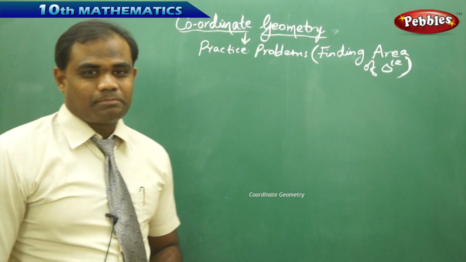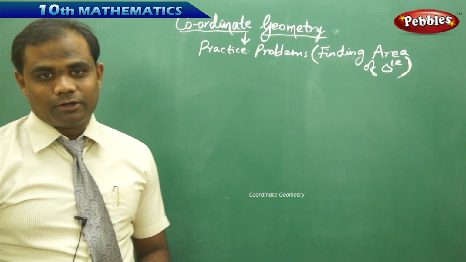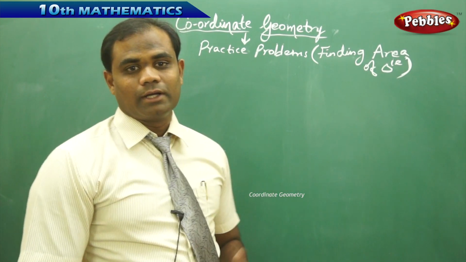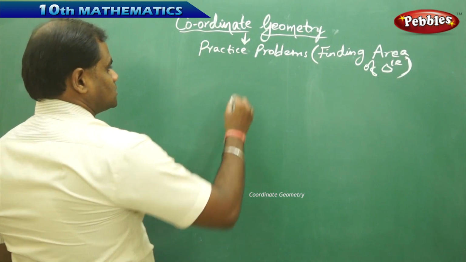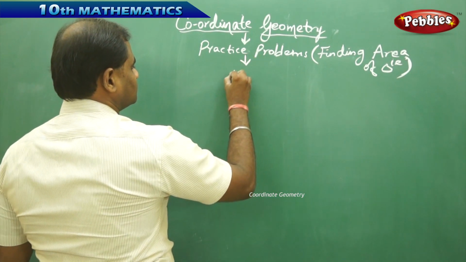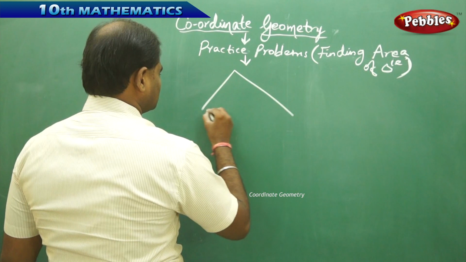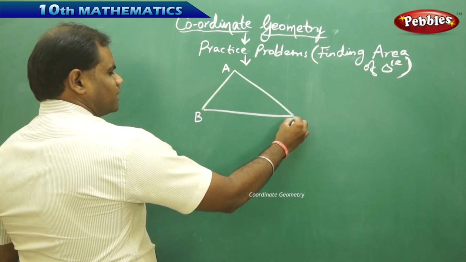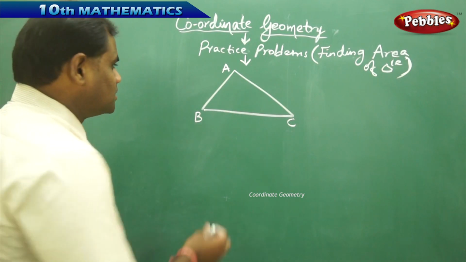Now let's practice one problem on finding the area of a triangle, where we apply the derived formula to a given example. Say I take a triangle ABC where each of the coordinates of ABC are given.